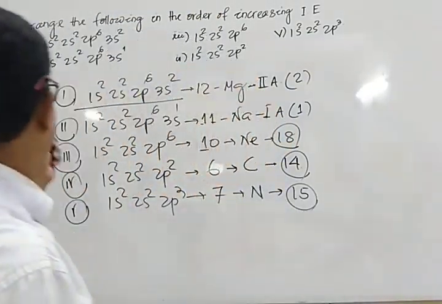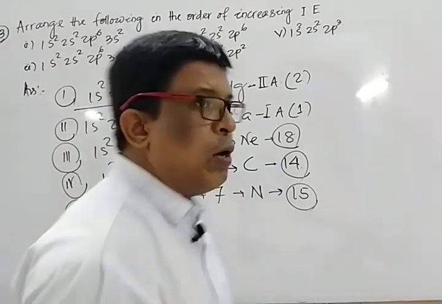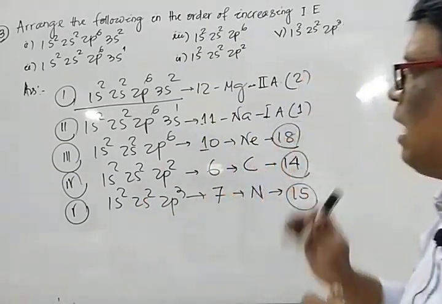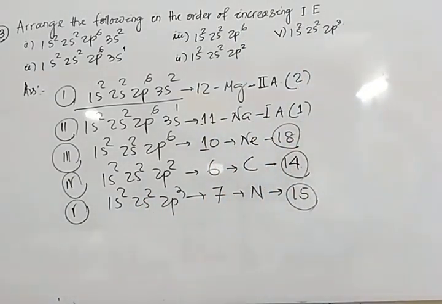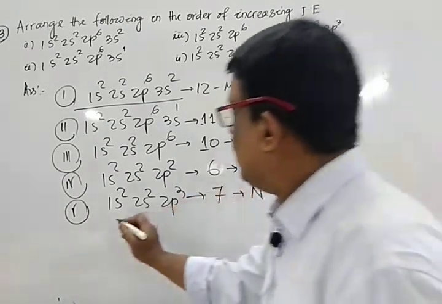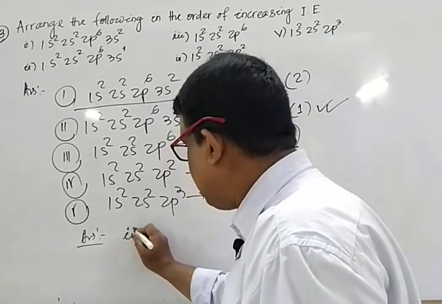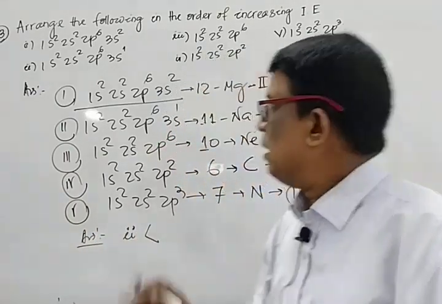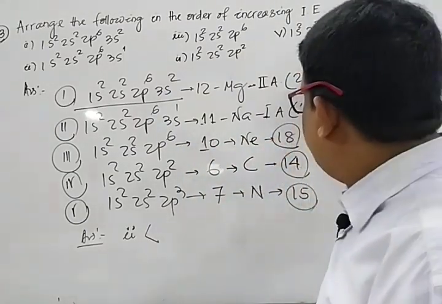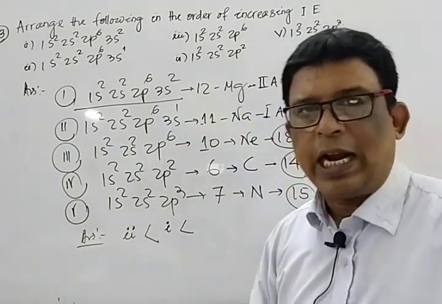From this it is clear that noble gases possess the highest and alkali metals possess the lowest. Which one is the alkali metal? The second one is the alkali metal, so it is the lowest. After the alkali metal, the next is the alkaline earth metal, magnesium, in second position.